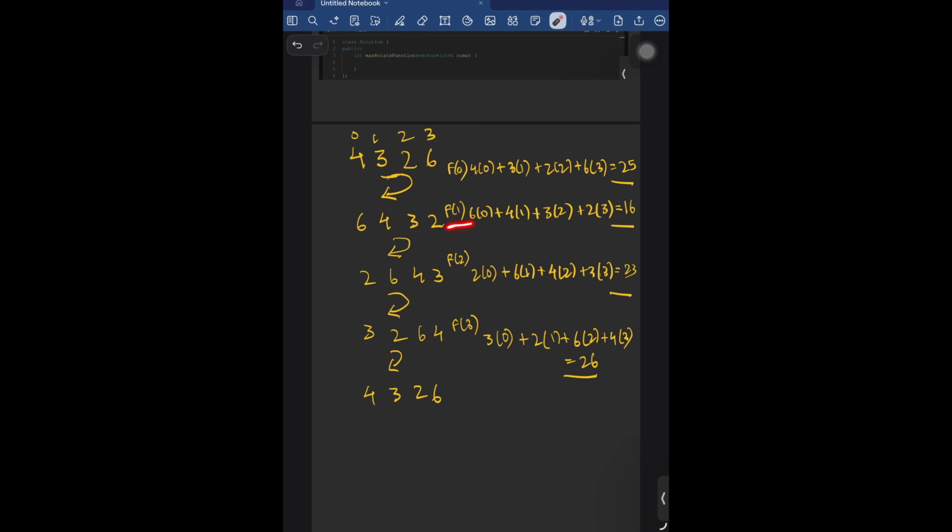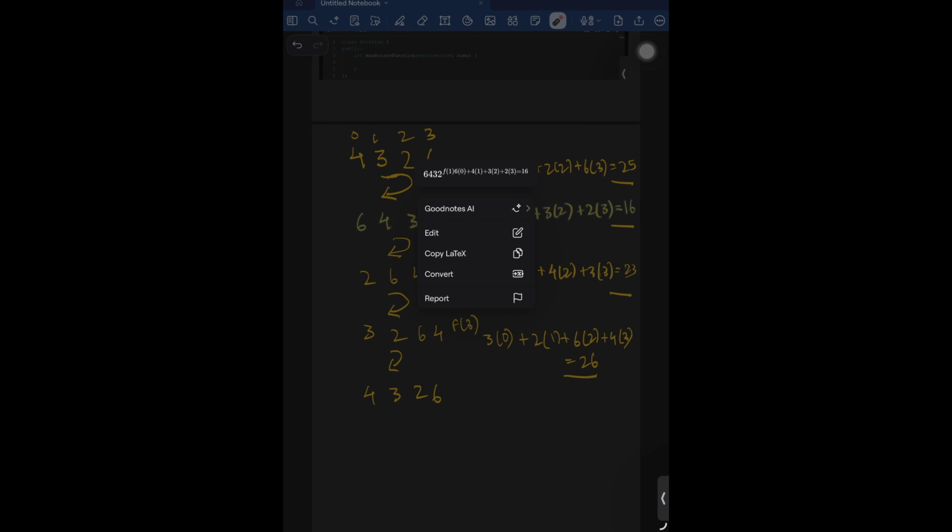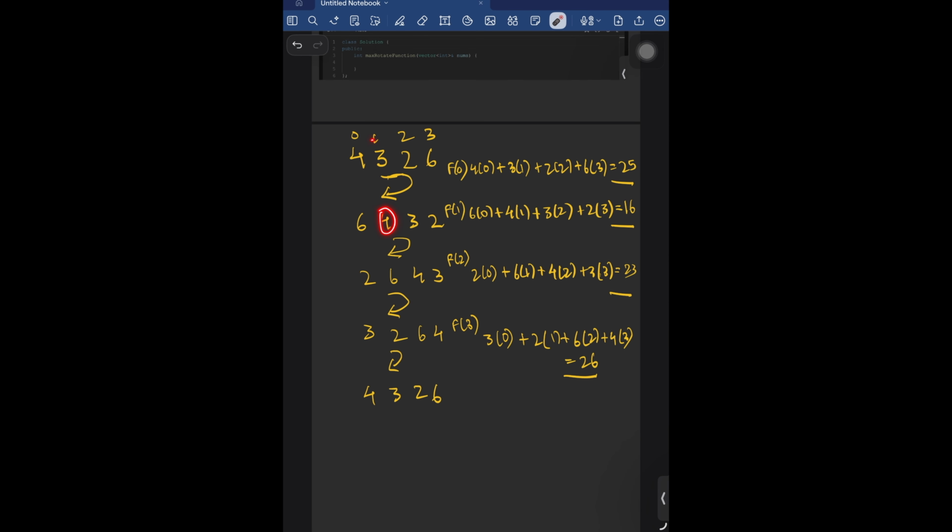So we have f of 1, and this is called f of 1. So now if I multiply 6 with 0, 4 with 1, 3 with 2, then 2 with 3, and then add them, I get 16. This is the value of f of 1. Then I rotate it again once clockwise, so this 2 will reach the first position and others will right shift once.